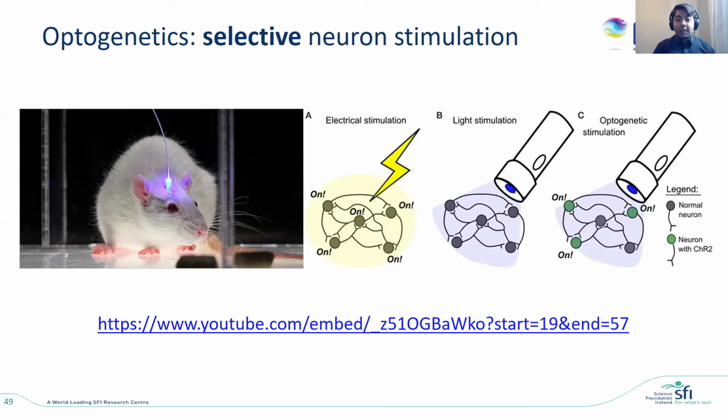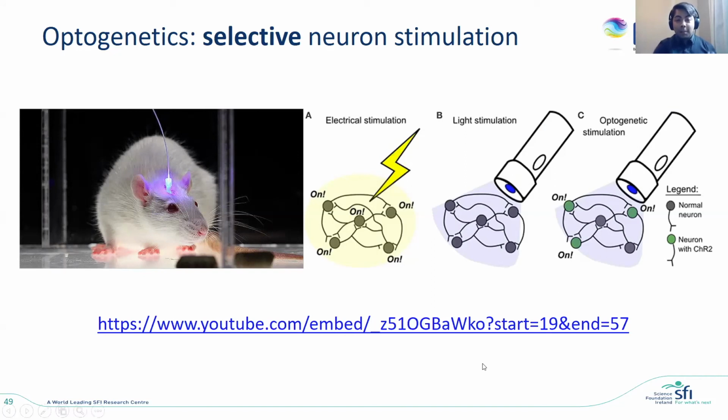By doing this, you can also stimulate certain functions that we could never stimulate before. So we can probe selective neurons at a time and see the response of the organism.